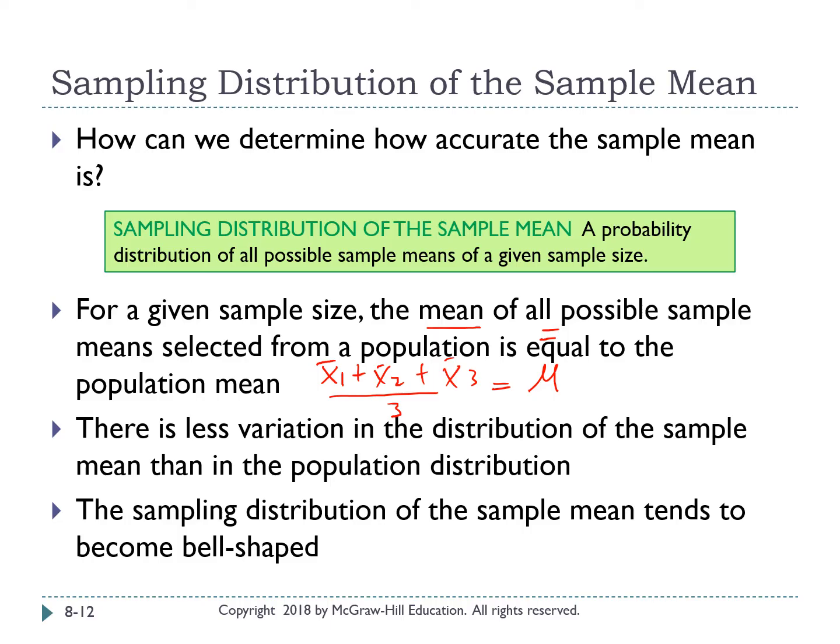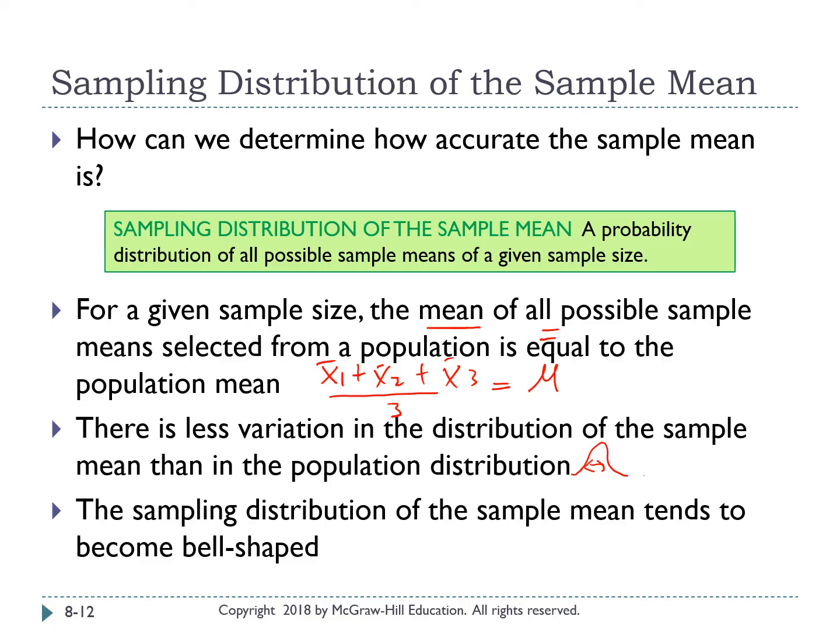And next, there is less variation in the distribution of the sample mean than in the population distribution. When we talk about a sample, normally we have a small number of observations. For instance, we have 5 observations in the sample. So the variation will be very small, for instance, this small. But when we talk about the population, definitely you are dealing with a large number of observations.